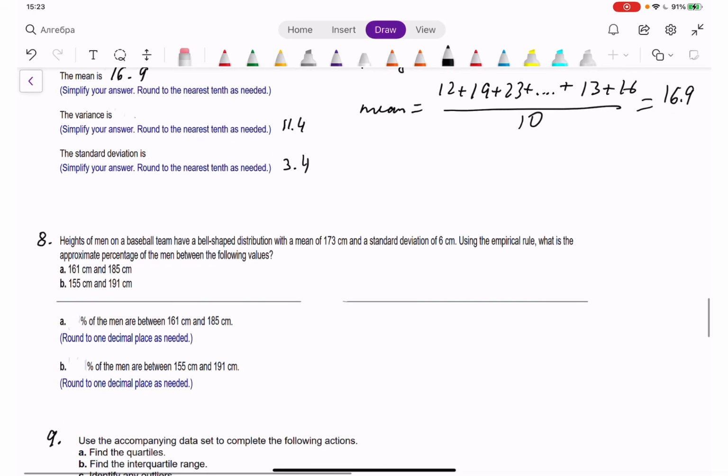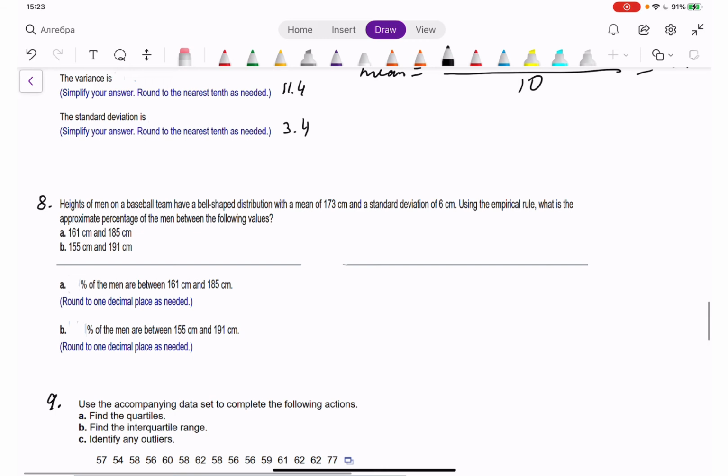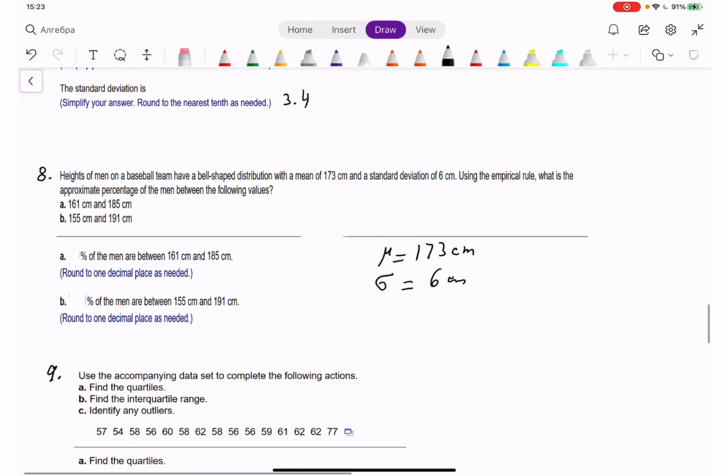Okay, moving to question number 8. Heights of men on a baseball team have a bell-shaped distribution with mean mu equal to 173 centimeters. Standard deviation is 6 centimeters. Using the empirical rule, find the approximate percentage of the men between the following values.